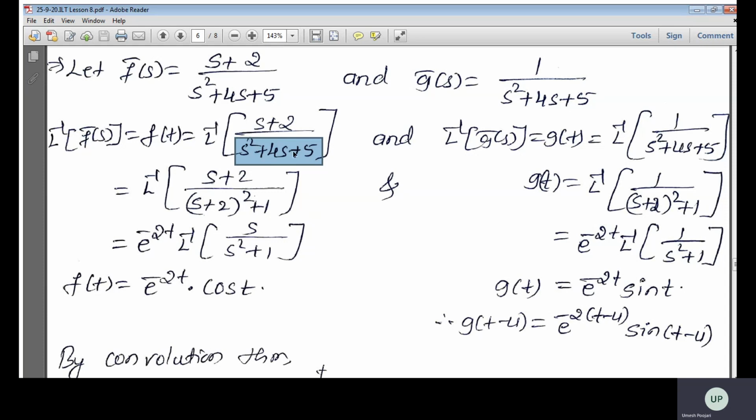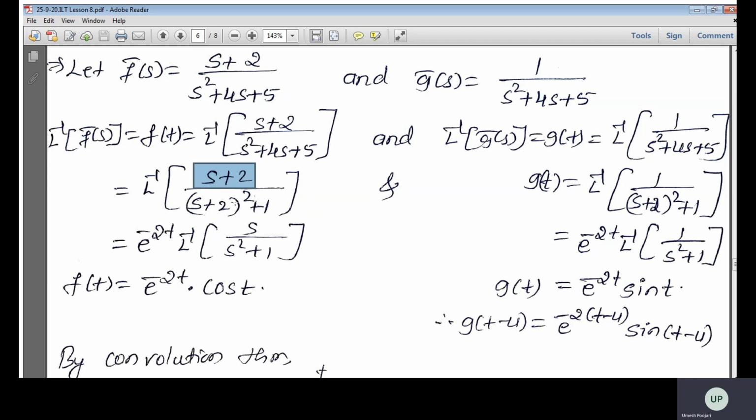So this s square plus 4s plus 5 can be written as s plus 2 whole square plus 1. Now the numerator also we have to express in the form of the denominator. So in place of s, we have s plus 2 already, no need to modify again. So now we have reduced the function of s to a function of s plus 2.